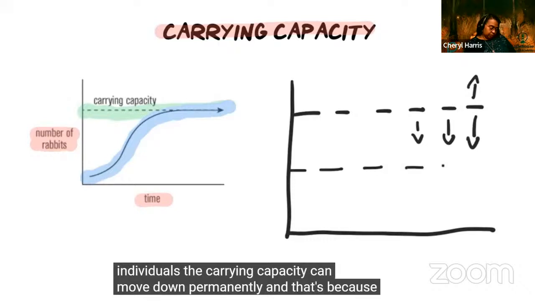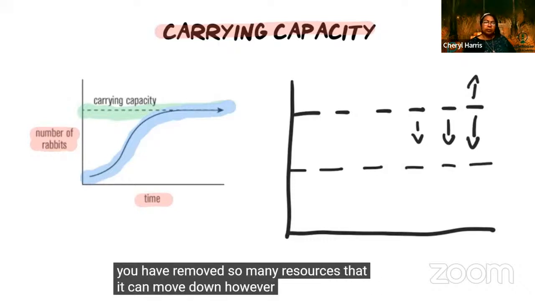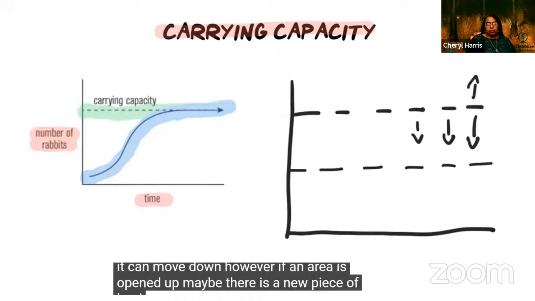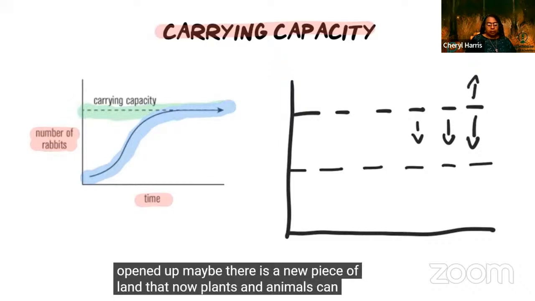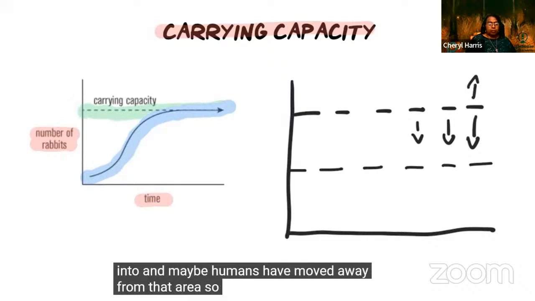And that's because you have removed so many resources. However, if an area is opened up, maybe there is a new piece of land that now plants and animals can go into, and maybe humans have moved away from that area. So a whole new ecosystem opens up. That means the resources increase, and so the carrying capacity can also increase.